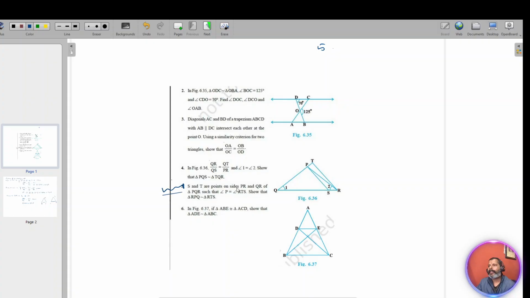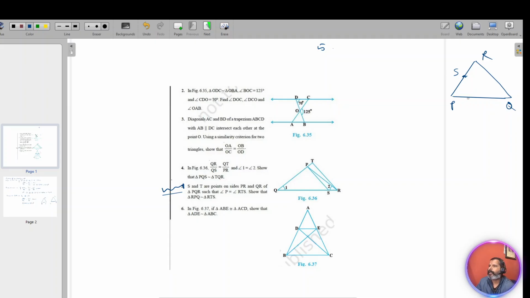S and T are the points on the sides PR and QR of the triangle PQR. We just draw the figure PQR.